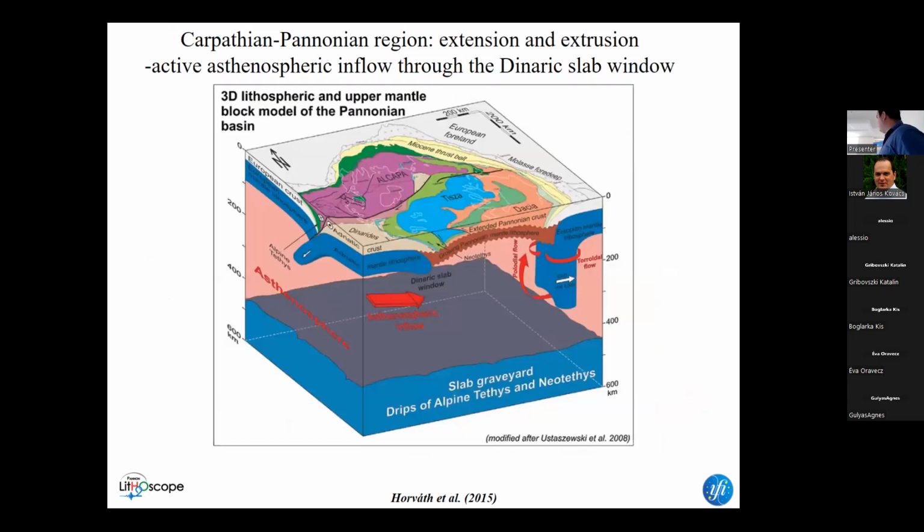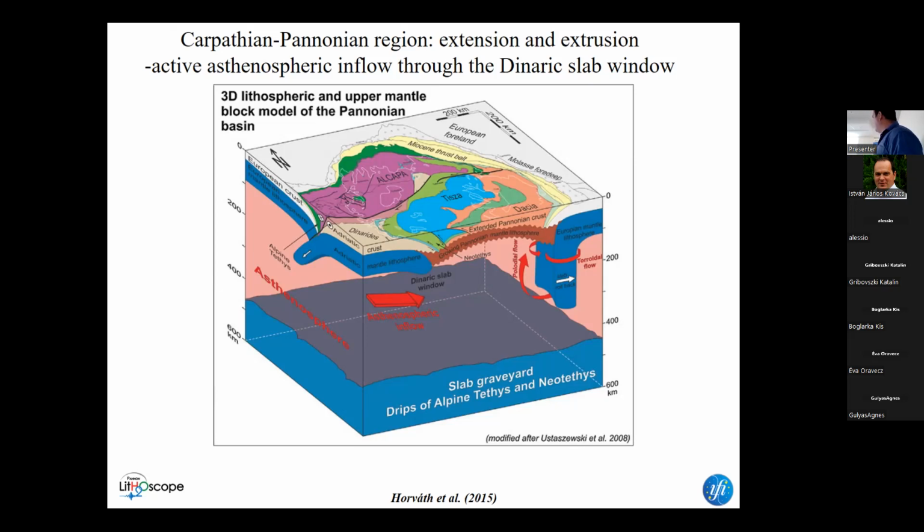If we zoom out and see that on a regional scale, the driving force in the model was the rolling back dynamic and also the slab openings. And this pushes out the asthenosphere and it basically comes into the Carpathian embayment.